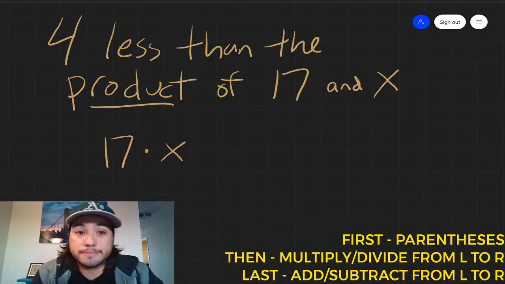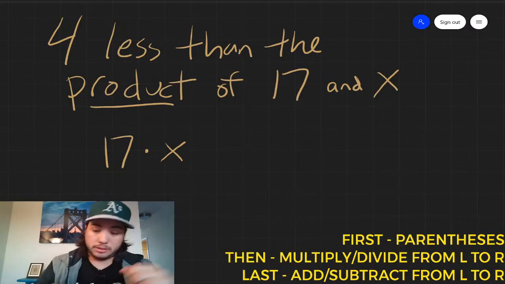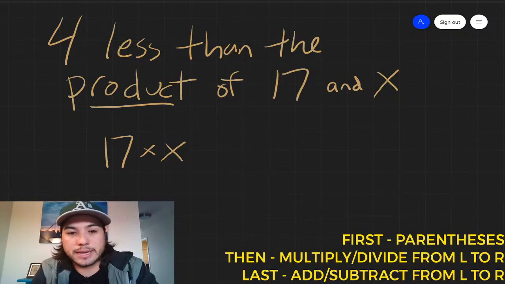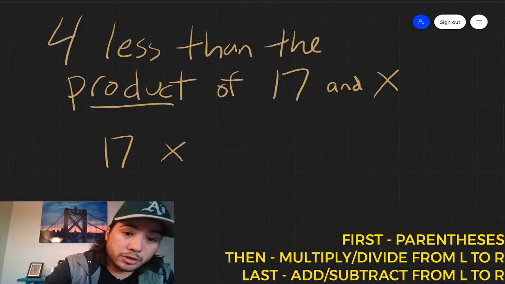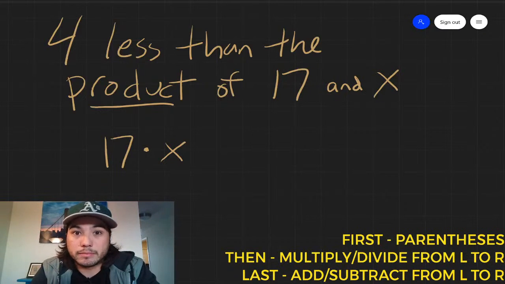And you can see here, this is why we've been using the dot in the middle as our multiplication symbol, because if we had 17 times x with the regular multiplication sign, would that get confusing? I think it would. So going forward, whenever we're using variables, we're going to use the dot in the middle for our multiplication symbol.